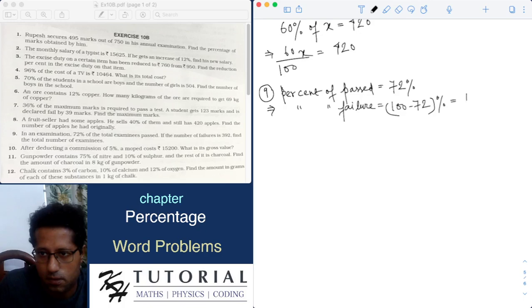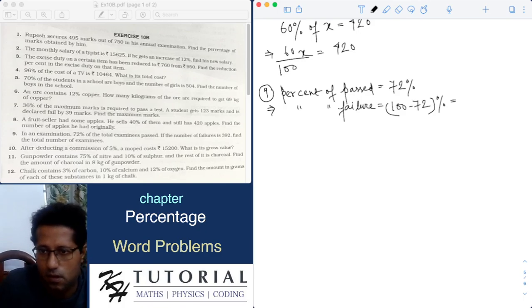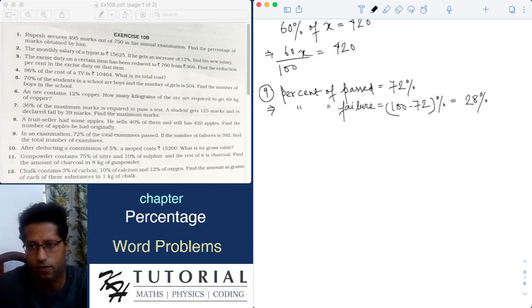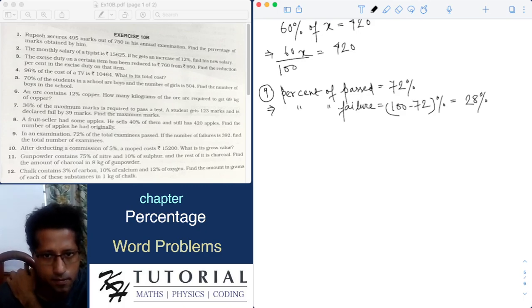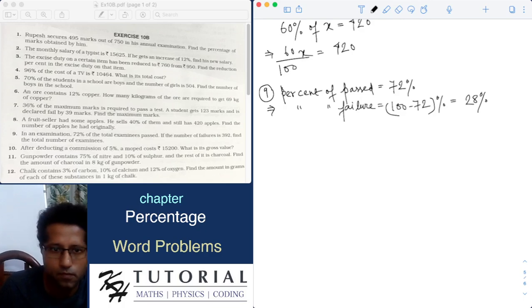This is equal to 28%. 28% have failed. Now it says that if the number of failures is 392, find the total number.